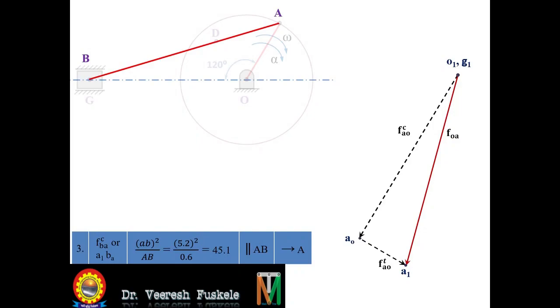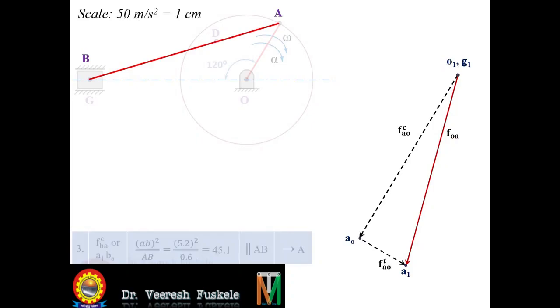According to the scale, it will be nearly 0.9 centimeter, and it has to be drawn parallel to AB. So the vector will be like this, and the direction sense will be towards A. That means from B to A. So we will draw this from A1, a parallel vector from A1.